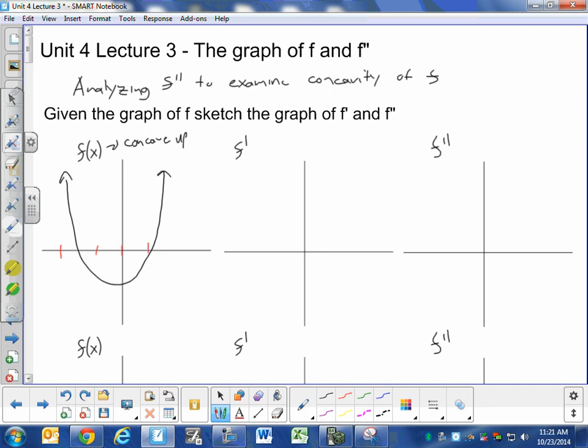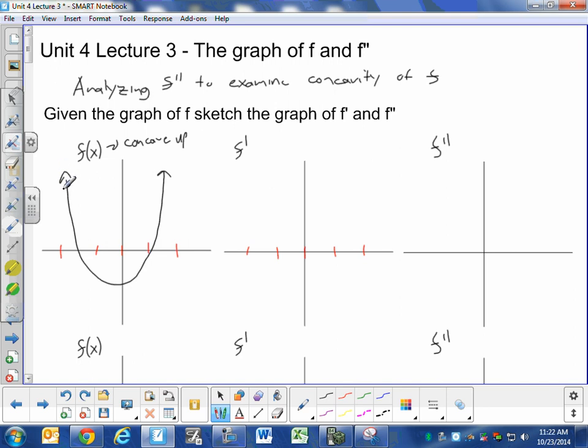Kind of pick some x values, then analyze the slopes of your tangents, and then you're going to plot those tangent slopes on the graph of f prime. And then you'll do the same thing to plot the graph of f double prime.